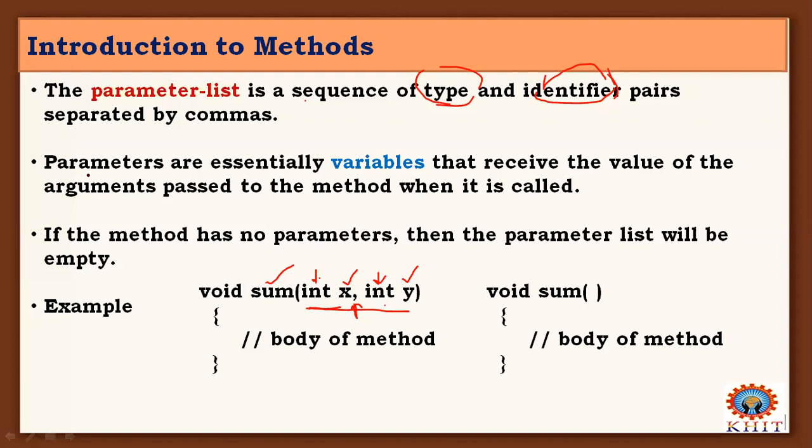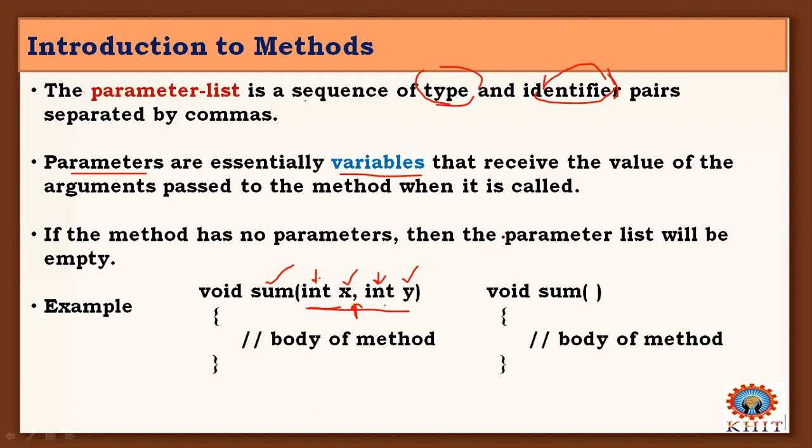Okay, what are parameters actually? Parameters are essentially variables, and we are very familiar with the function topic in C and C++, where in Java these functions we call methods, and these methods have the same type of properties as functions have in C and C++ languages.